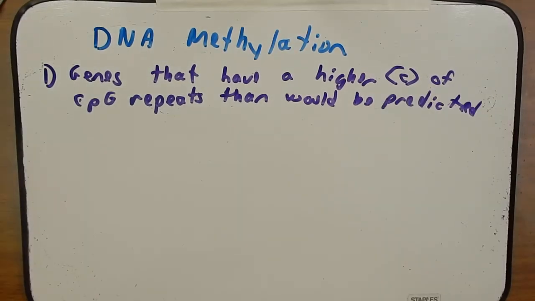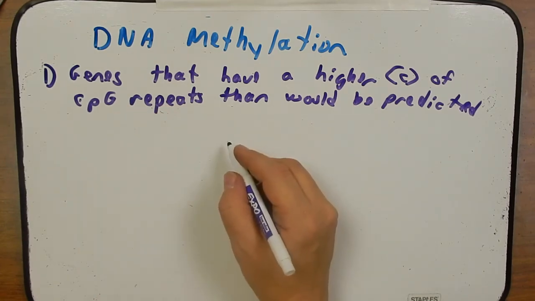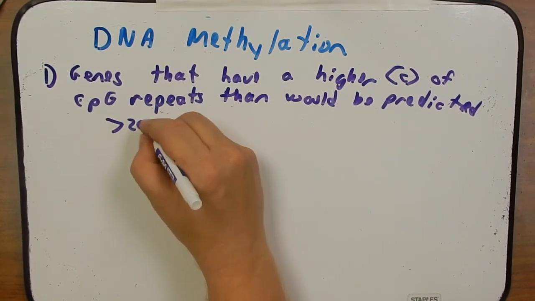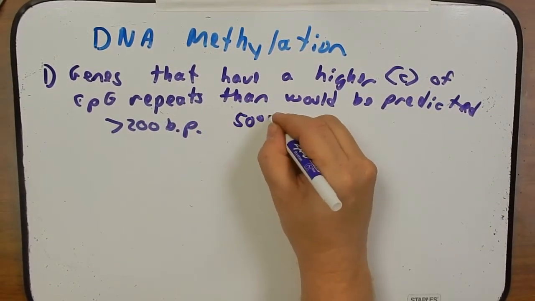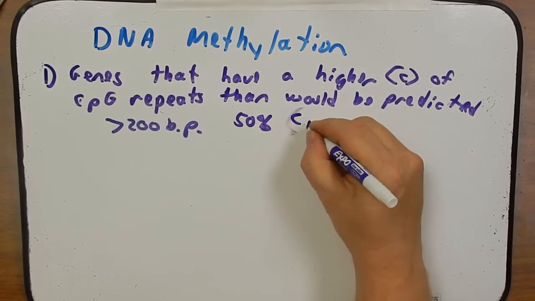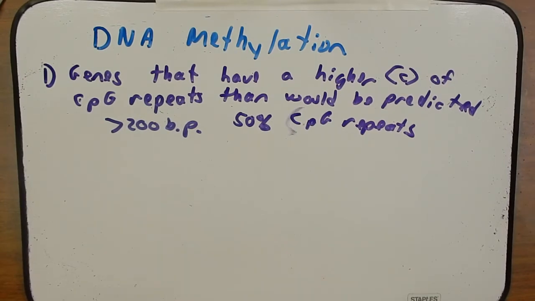Different people define this a little differently, but in general, if you have a stretch of DNA of greater than 200 base pairs, and in that stretch, roughly 50% of those base pairs are the CG repeats, these are areas that we say have CpG islands, large stretches of cytosine and guanines. Because of all the CGs in these regions, as you scan a genome by looking at the sequence or staining it, these areas are very easy to identify.